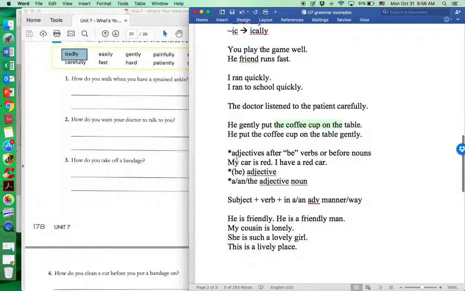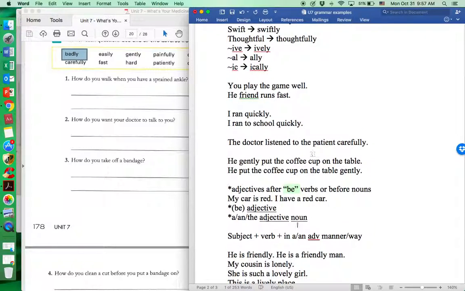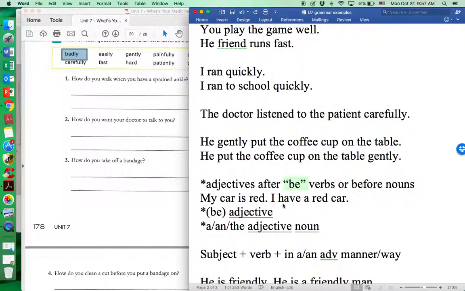Knowing the difference between adjectives and adverbs is important, but that's easy because we know that adverbs don't describe be verbs and they don't come before nouns, after an article, this type of thing. Follow your rules for adjectives and you'll know what's not an adjective, so you'll be able to understand what is an adverb if you come across one of those -ly adjectives.